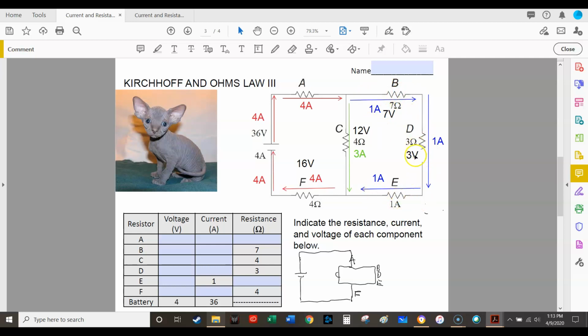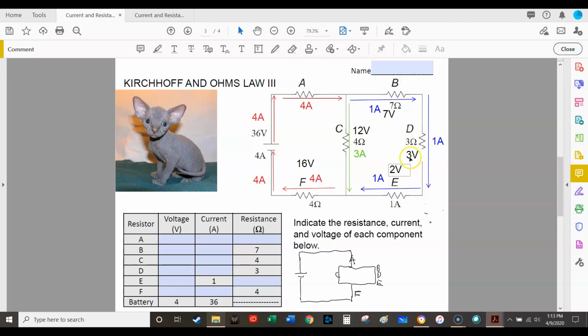So 7 plus 3 is going to be 10, and what that means is that E has to be 2.